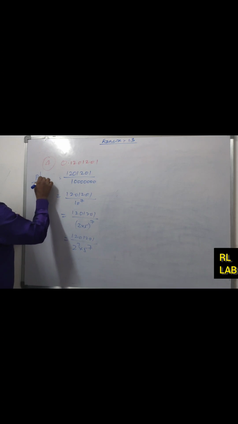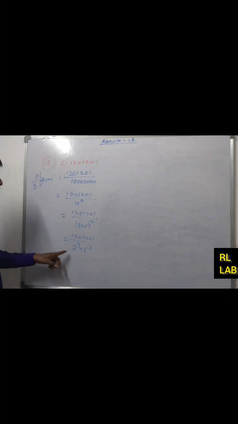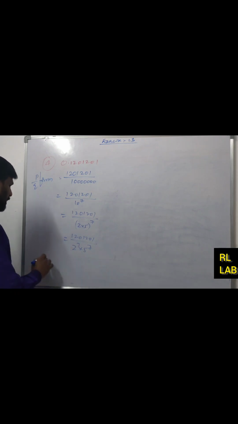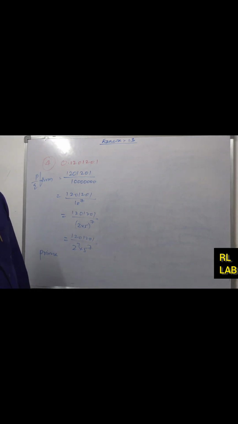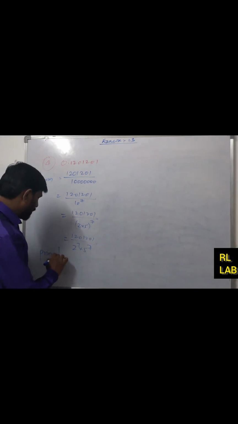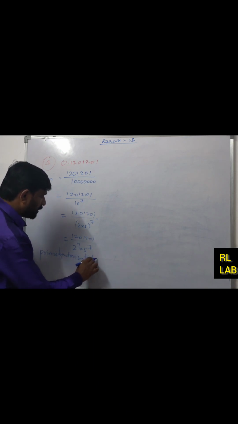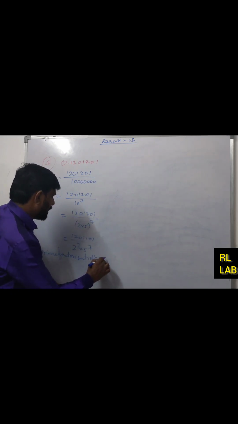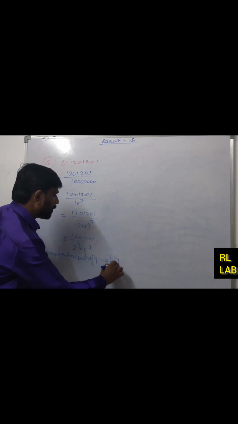Q means denominator. Clear? So the prime factorization of Q: Q is nothing but 10 to the power 7, which is equal to 2 to the power 7 into 5 to the power 7.